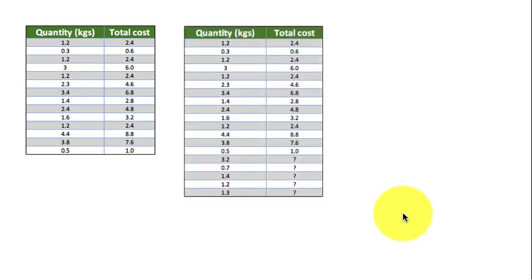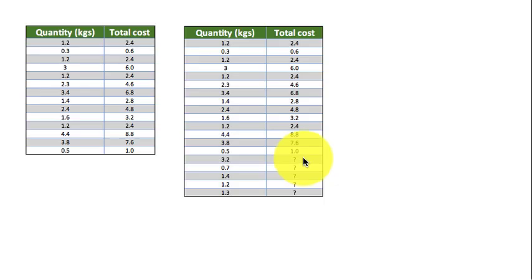This is what you got by simply looking at the data. Of course, this is historical data. You're given this. Now based on this, suppose I ask you, tell me what is going to be the price for these 4 things: 3.2, 0.7, 1.4, 1.3. Well, you may say the cost is always twice the quantity.